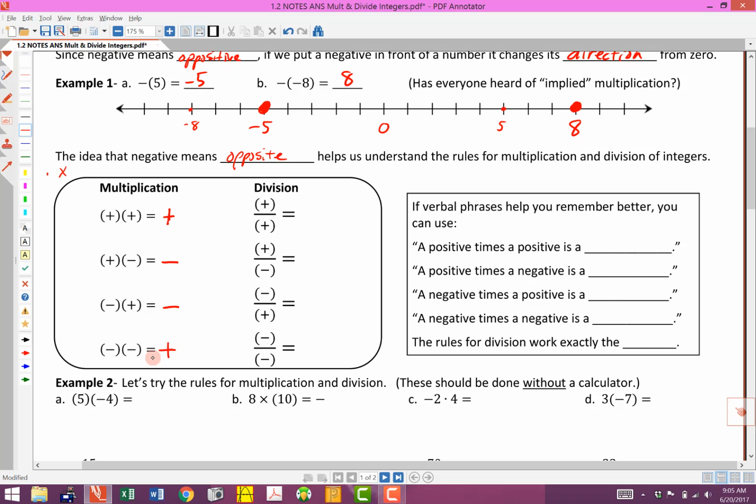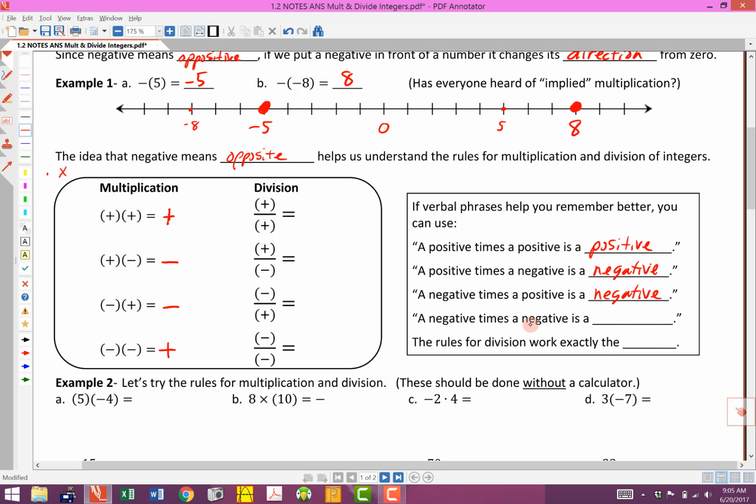So I'm going to run through here and we're going to talk about the verbal phrases that can help us remember it. So basically we're saying that a positive times a positive is a positive. So we'll write positive in here. A positive times a negative is a negative. A negative times a positive, if we reverse that order, it's not going to change the answer, so that's also going to be negative.